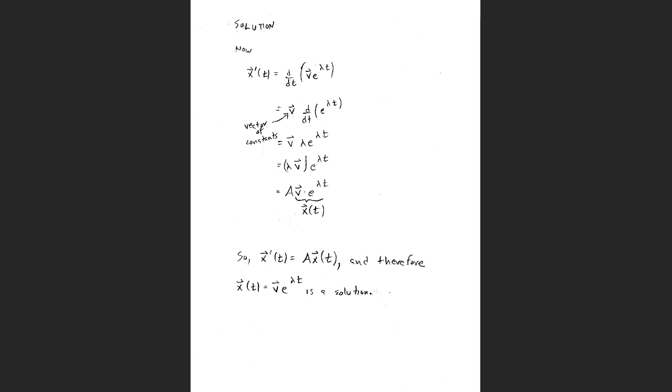Hold on, let me show you what I mean here. Say you're taking the derivative of the vector 3e to the 2t and minus 4e to the 2t.